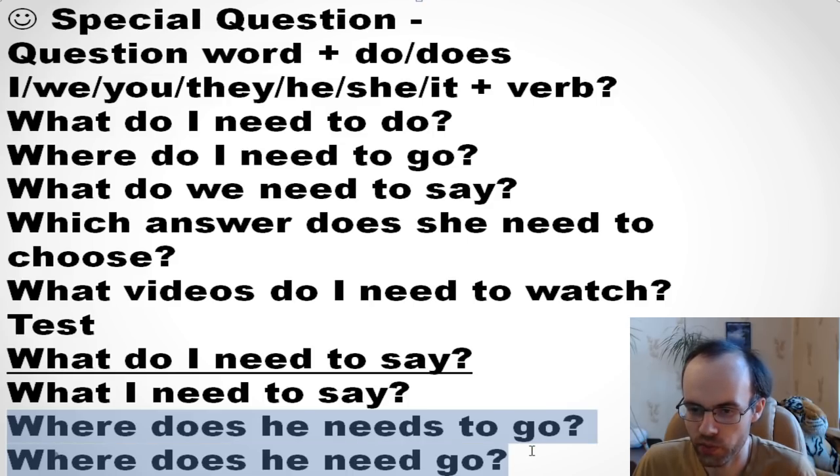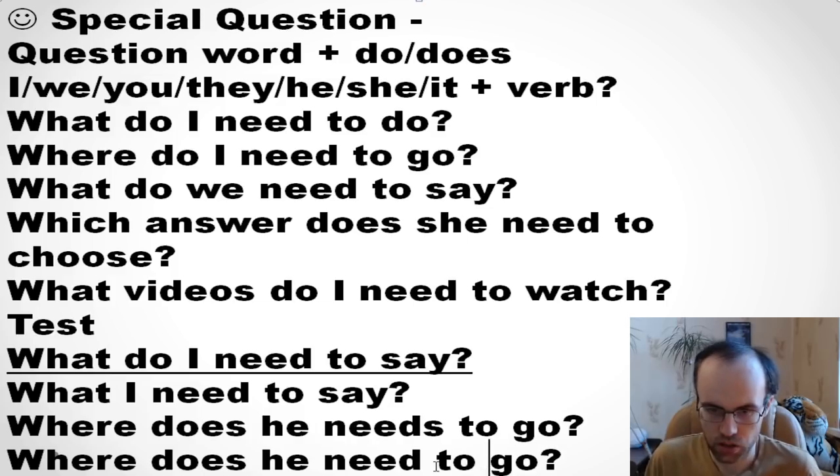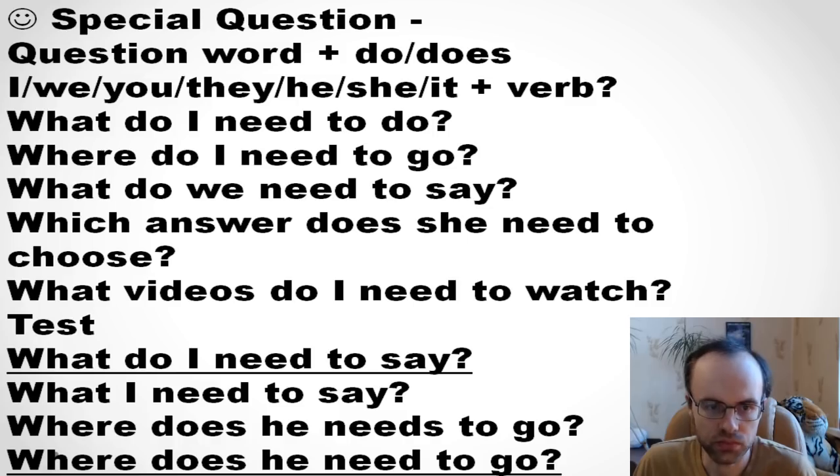Where does he need go? It isn't correct. So we don't add s in questions. And where does he need to go? No, it isn't correct. We need to say, where does he need to go? Only this sentence will be correct. Good, my friends. Okay.